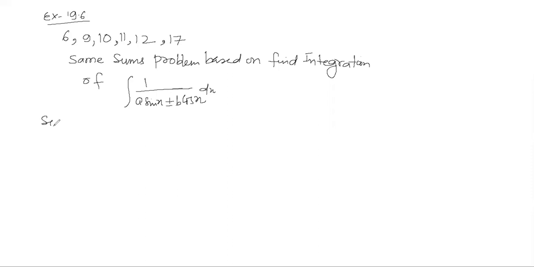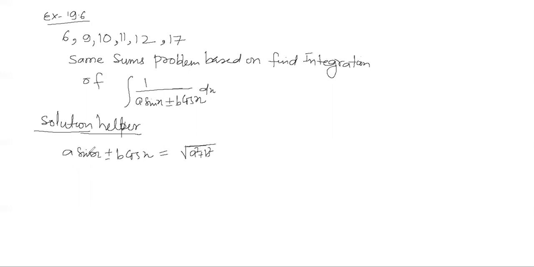Solution helper. a sin x plus or minus b cos x equals root under a square plus b square. How do we find it?